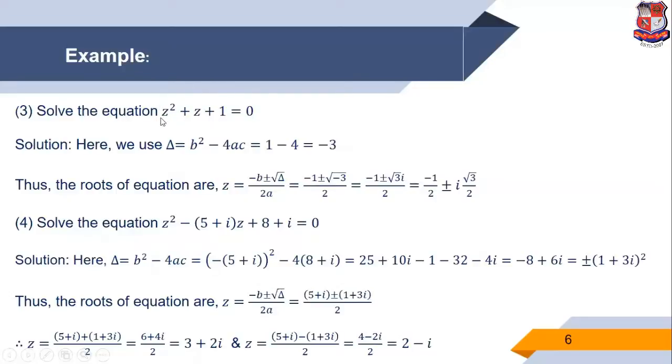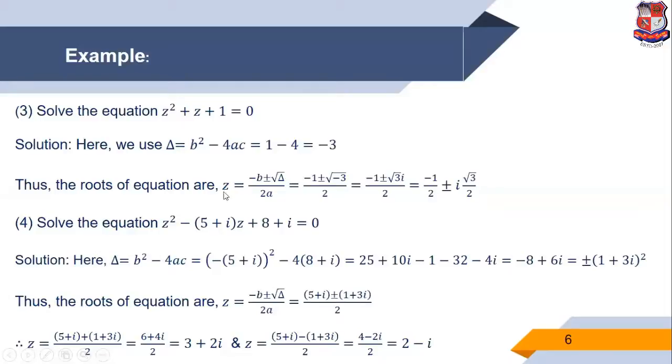We compare this second degree polynomial with the standard form a z square plus bz plus c. So we get a is 1, b is 1 and c is 1. So we write delta is equal to b square minus 4ac. So 1 minus 4 is nothing but minus 3.